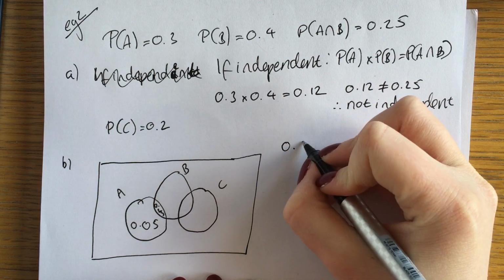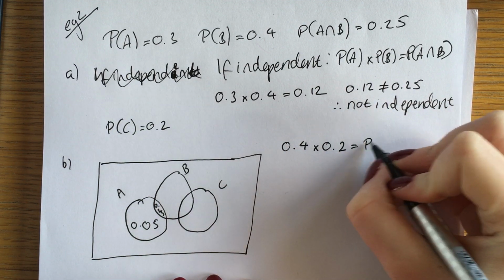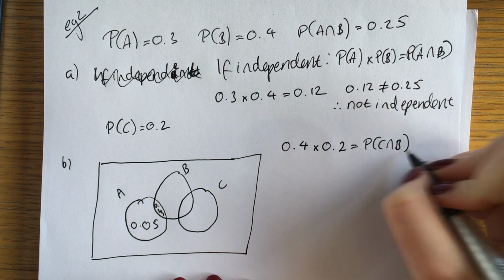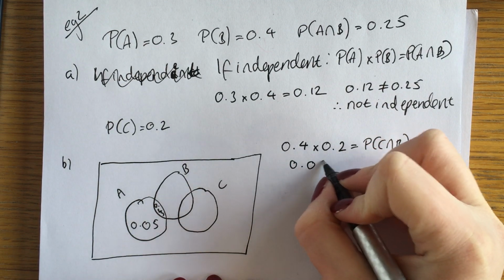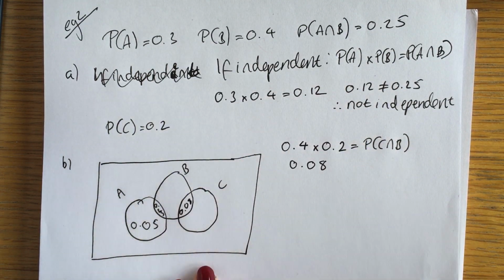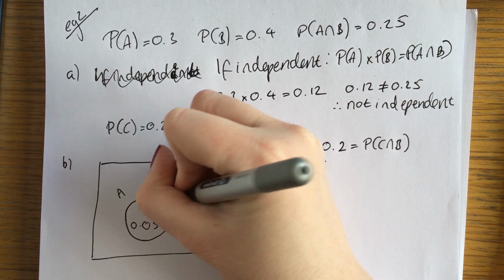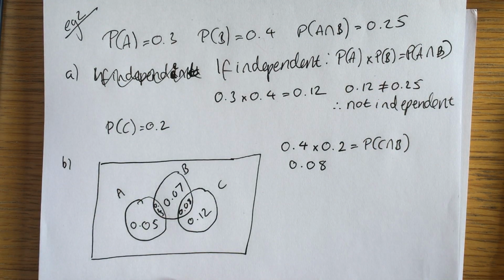So therefore, the probability of B times the probability of C must be the probability of their intersection, which is 0.08. So the probability of C is 0.2, take away 0.08 is 0.12. The probability of B is 0.4, so I'm going to take away 0.25 and take away 0.08, which is 0.07.